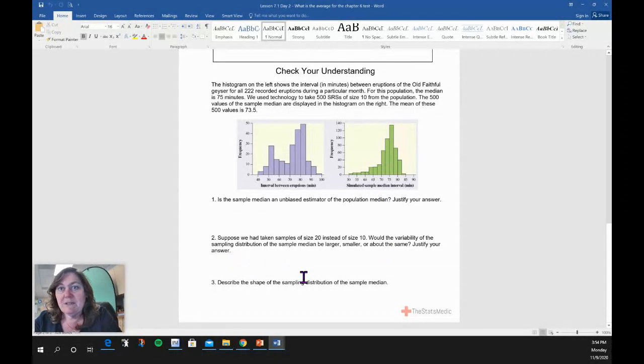So they don't make a special symbol for it in stats. It's just called the sample median. And then what do you think would happen if we took sample size 20 instead of 10, like this was taken size 10? And then what is the shape of the distribution of the sample median? Not the population distribution, but the sample distribution, sampling distribution, I should say.